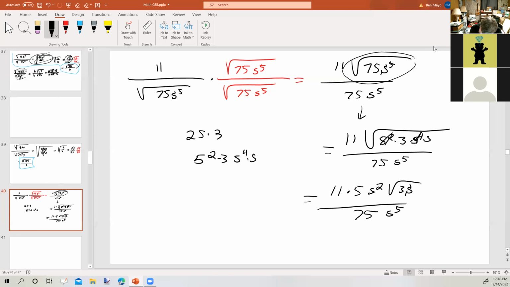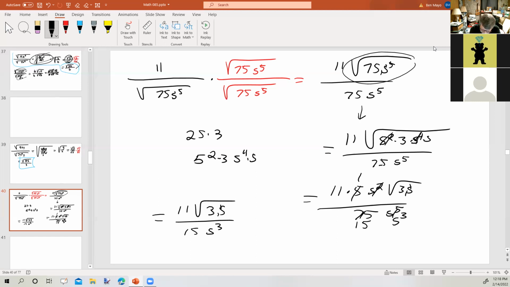Which is what? That'll reduce down to 1 over 15, and that'll reduce to s cubed. So I end up with what? 11 square roots of 3s over 15s cubed.